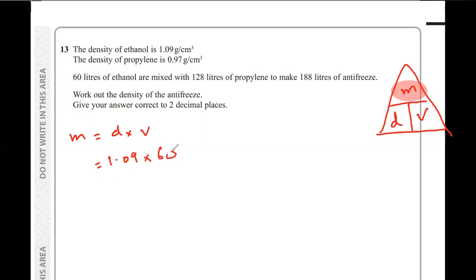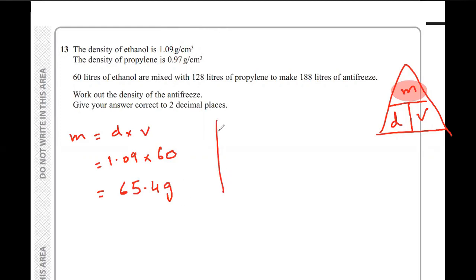What do we get? 65.4. And it must be what? Grams, not kilograms, just grams. Look at this unit here.